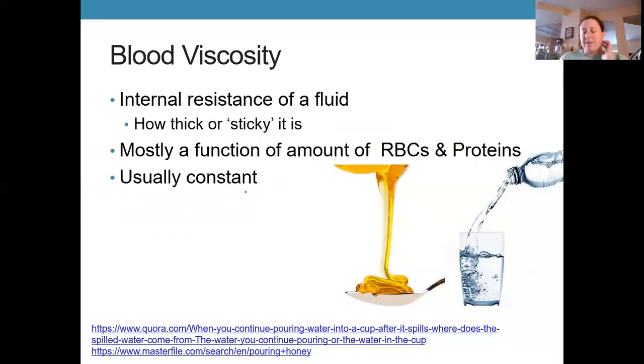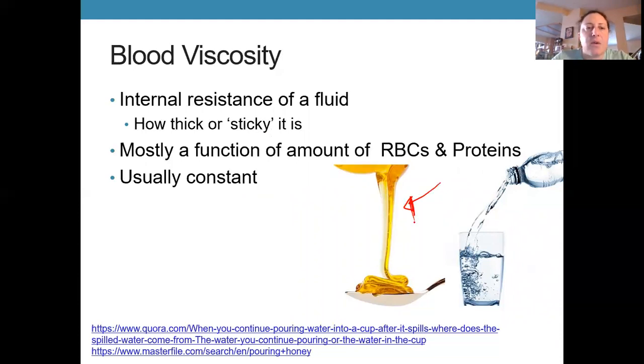Blood viscosity is a fairly constant trait that just refers to how thick your blood is. So you can kind of think about it as stickiness too. It's defined as the internal resistance of a fluid. And it's basically just a function of the proportion of your blood that is red blood cells and proteins. So this is an example of, I think that's honey.